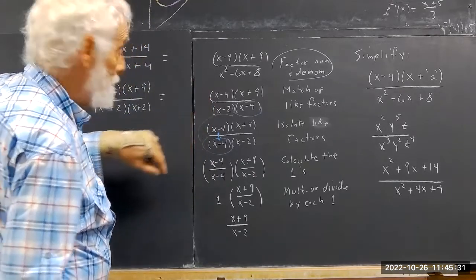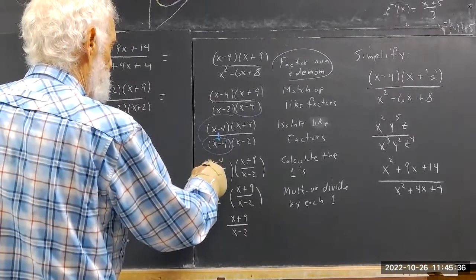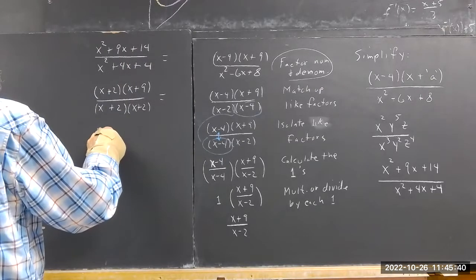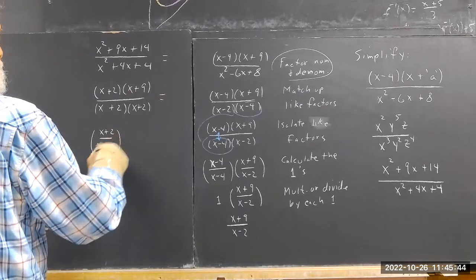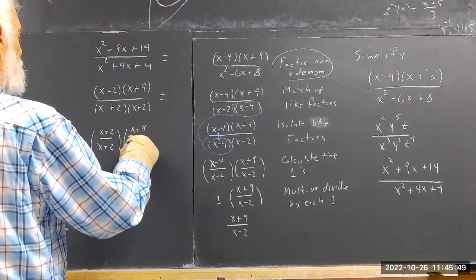So we can go on to this step. And we can write this as x plus 2 over x plus 2 times x plus 9 over x plus 2.